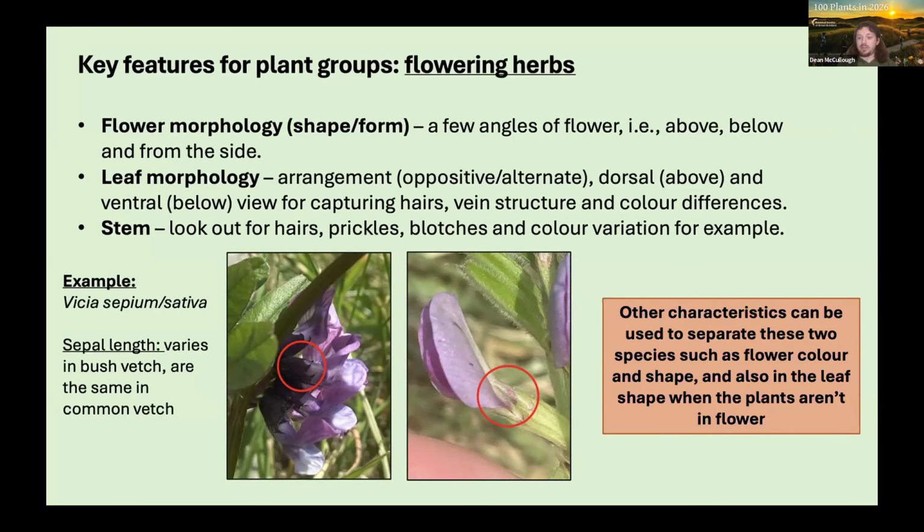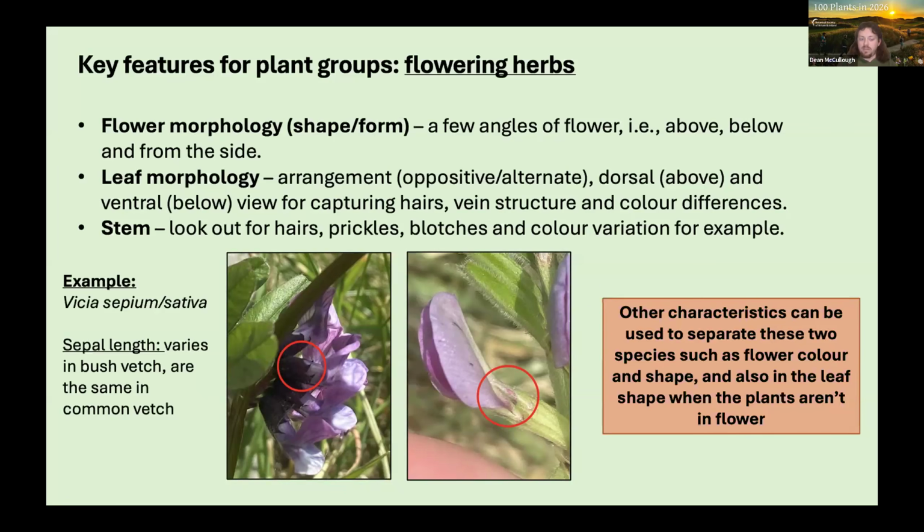So the stem might have hairs, it might not have hairs. It might have hairs on opposite sides of the stem, and so on and so forth. It could have prickles, it could have different blotches and pigmentations, different colors. So it's just to take notice of those things, because they might not necessarily help with that species, but they might help with species that look similar.